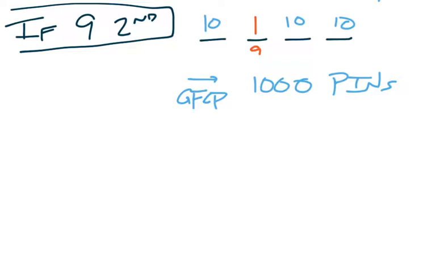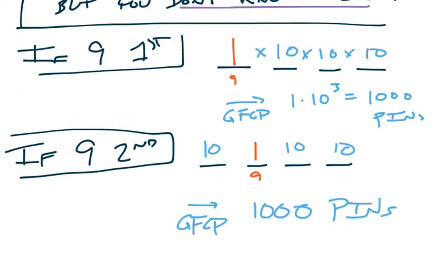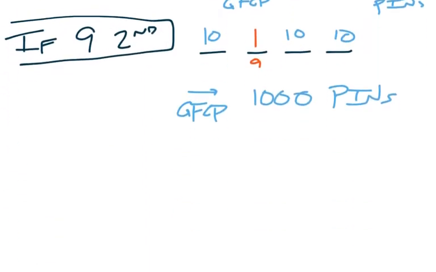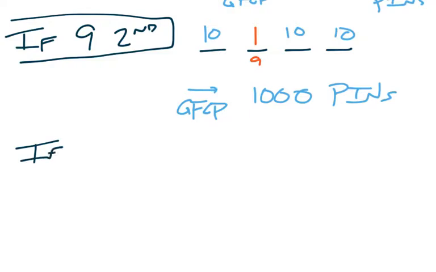in the second position. The 9 in the third position, I'm not going to write out again. That's this exact procedure that we just did in number 3, and it led to 1,000 pins. So if the 9 is third, we get 1,000 pins.